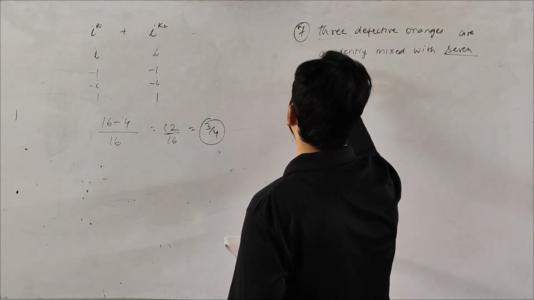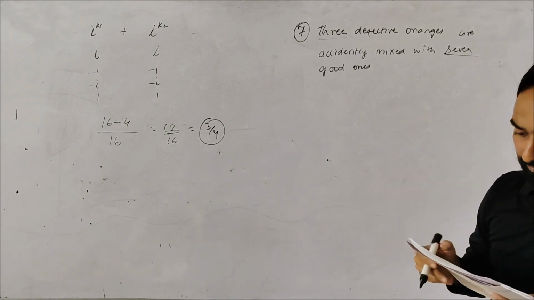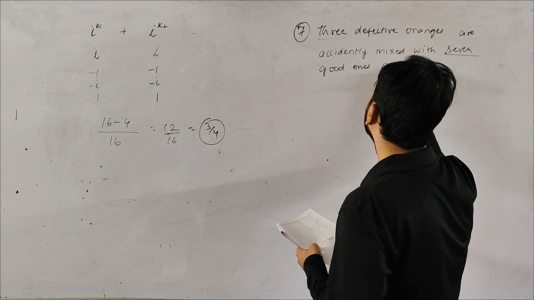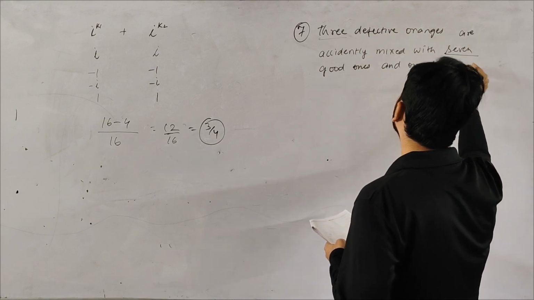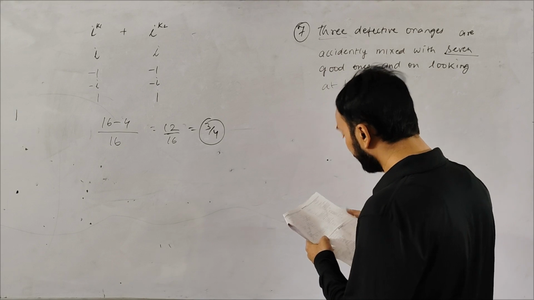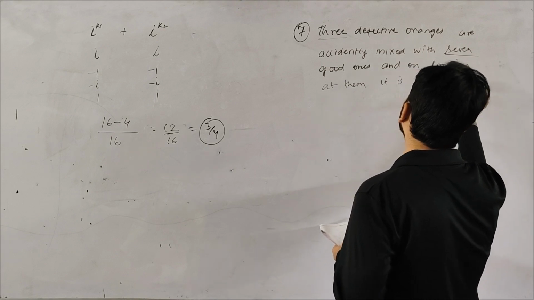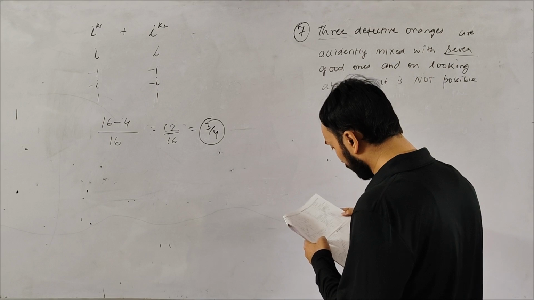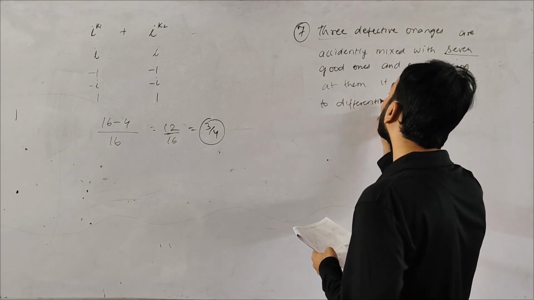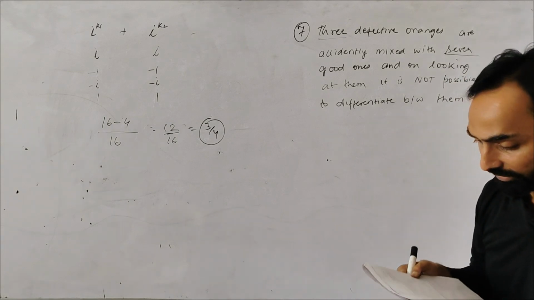So 3 defective oranges are accidentally mixed with 7 good ones, and on looking at them it is not possible to differentiate between them. So by just looking at them, we cannot differentiate between them.